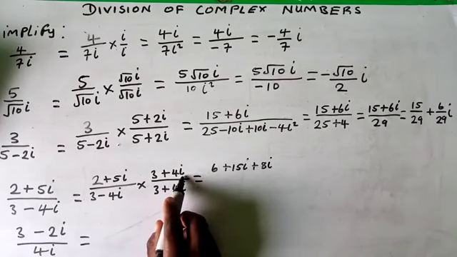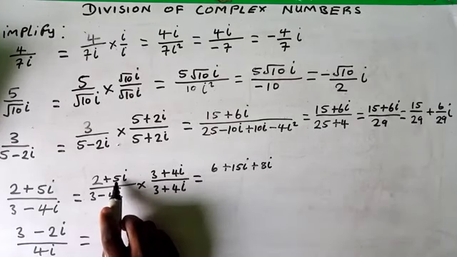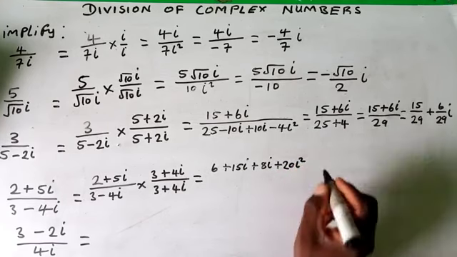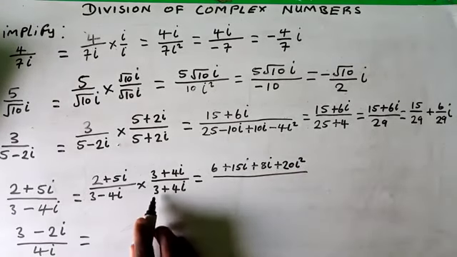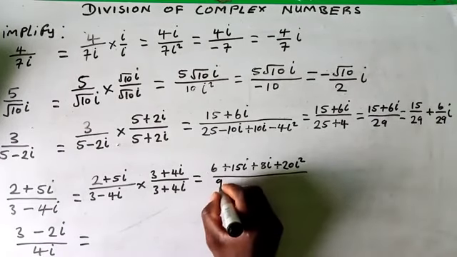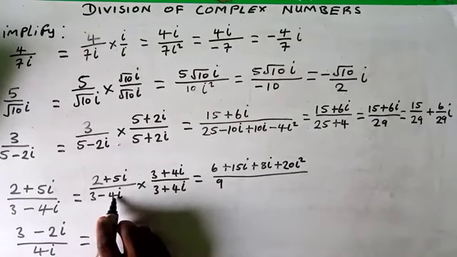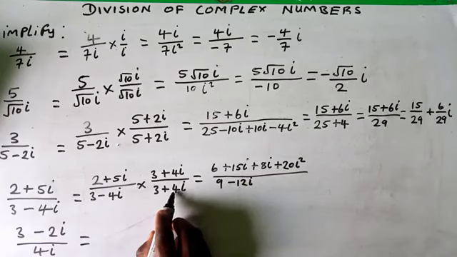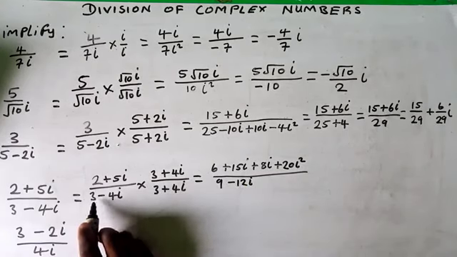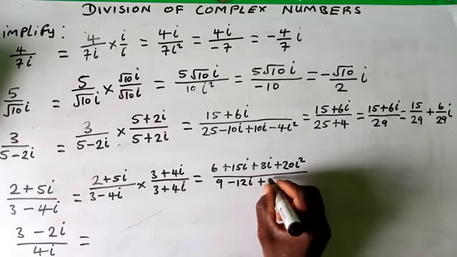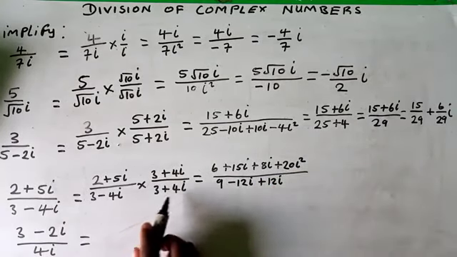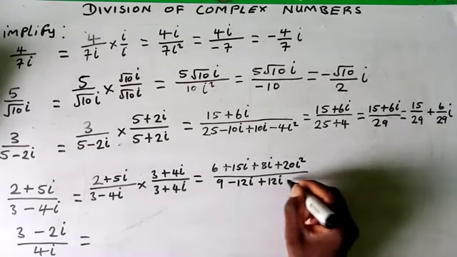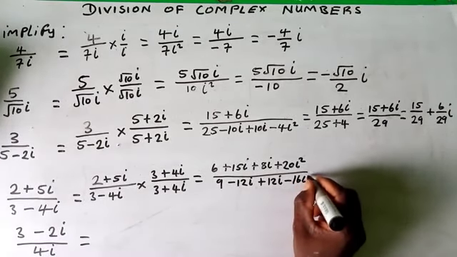Then 4i times 5i is equal to plus 20i squared, all over 3 times 3 is 9, 3 times minus 4i is minus 12i, 4i times 3 is plus 12i, and 4i times minus 4i is equal to minus 16i squared.